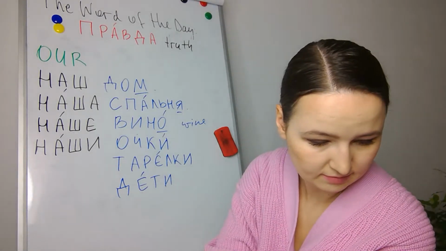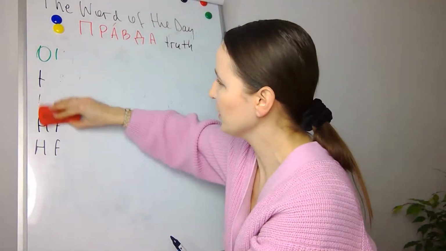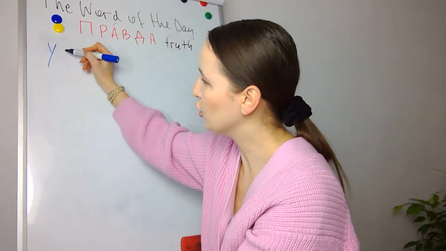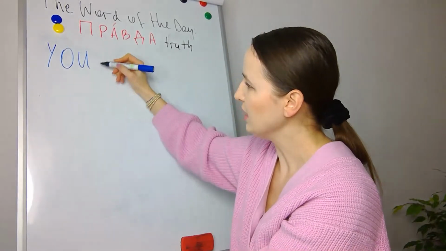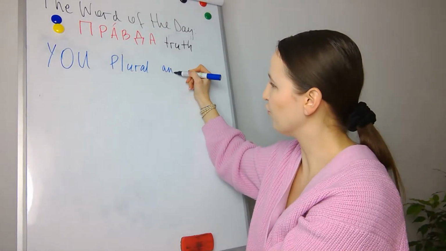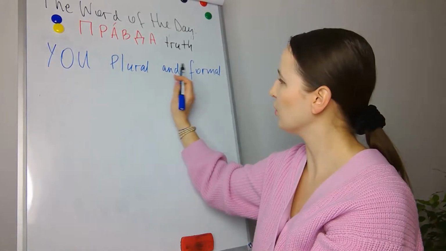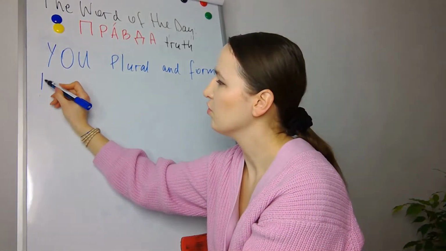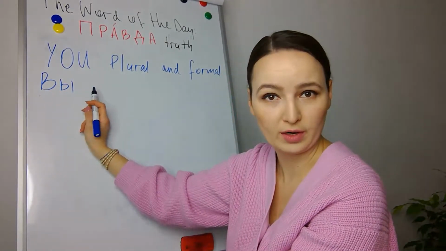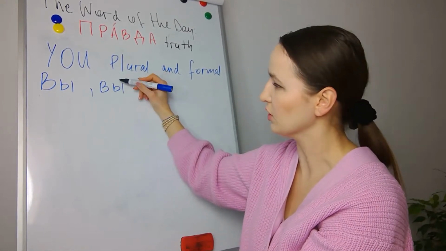And we have вы, you in plural or formal. Pay attention here. In Russian, we have you in plural and formal. Вы with a capital letter is formal, you, and вы with a small letter is plural, you.